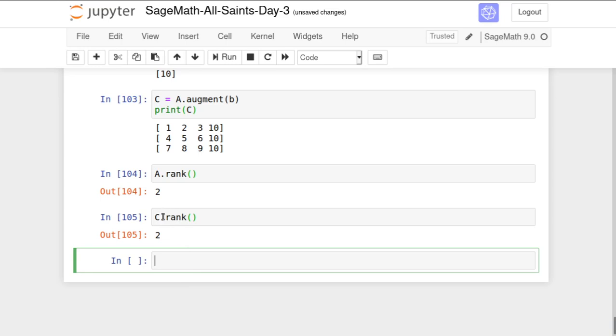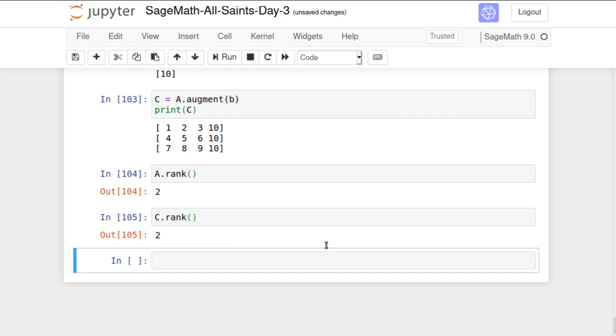Since A dot rank is equal to C dot rank, the system of linear equations corresponding to Ax equal to B is consistent. So this is how we check the consistency of a system of linear equations. If A and the augmented matrix have the same rank, then the system is consistent.